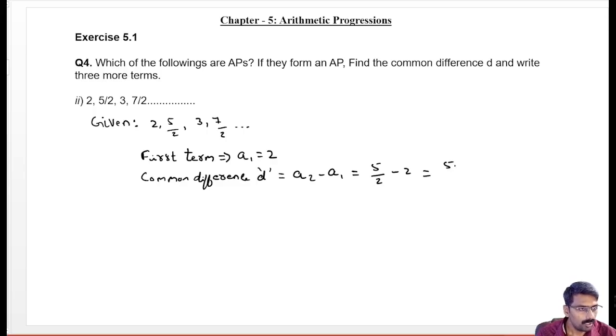So when we take an LCM, it will be 5 by 2 minus, so here we need to multiply by 2, because of an LCM, it will be 4 by 2. That will be equal to 5 minus 4 by 2, which is 1 by 2.